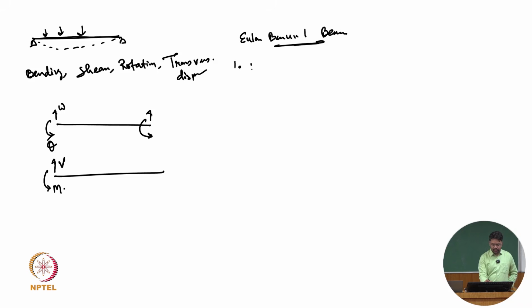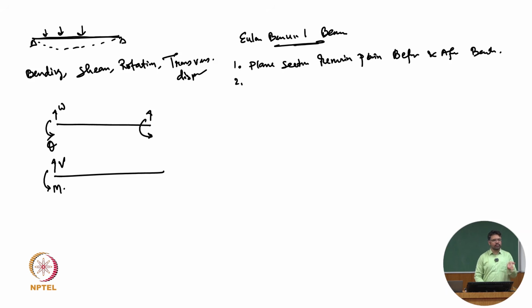One thing is that plane sections remain plane before and after bending, and second, sections perpendicular to the neutral axis will remain perpendicular after the bending.